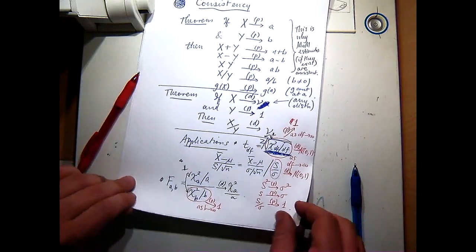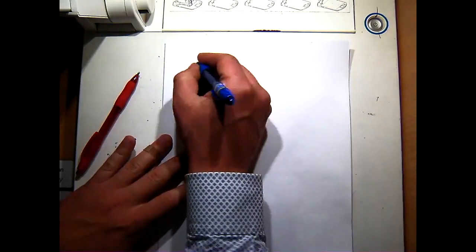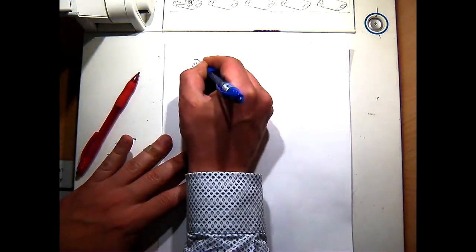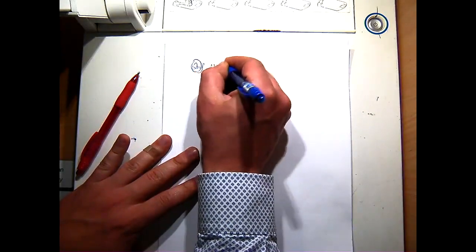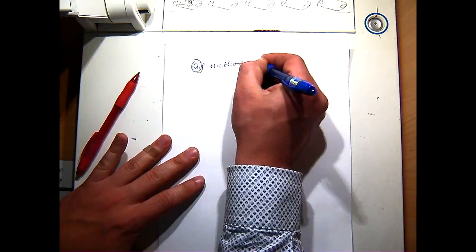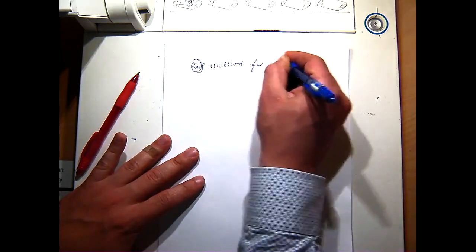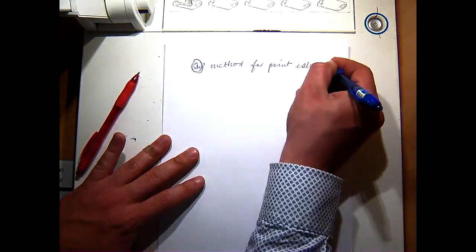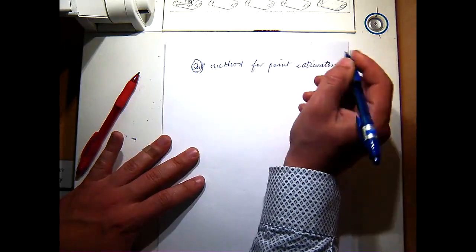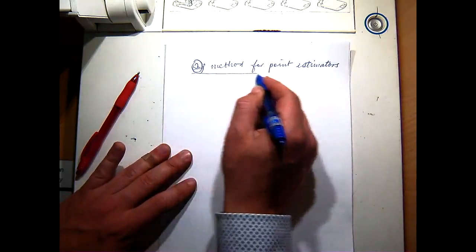Okay, let's now go on to talking about the method of maximum likelihood, the second method for obtaining point estimators. This is a systematic method. And I'd say that, in some sense, it's a bit better than method of moments, in as much as you can say better.